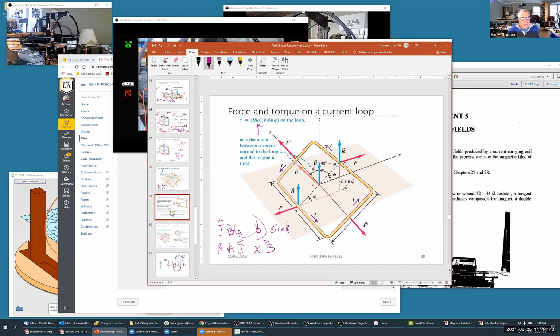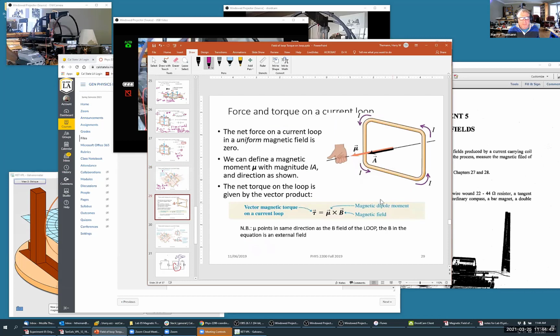And again, this is where we started off with, and this is where we came back to mu cross B, the torque.